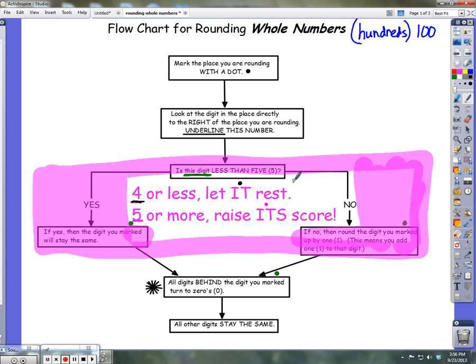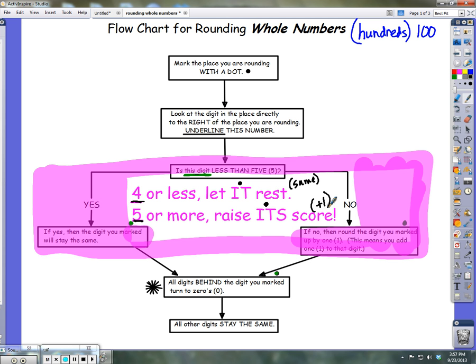That means it's going to stay the same. If the underlying digit, though, is a 5 or more, you're going to raise its score, meaning the place you're rounding to, which means you're going to add 1 to that digit.